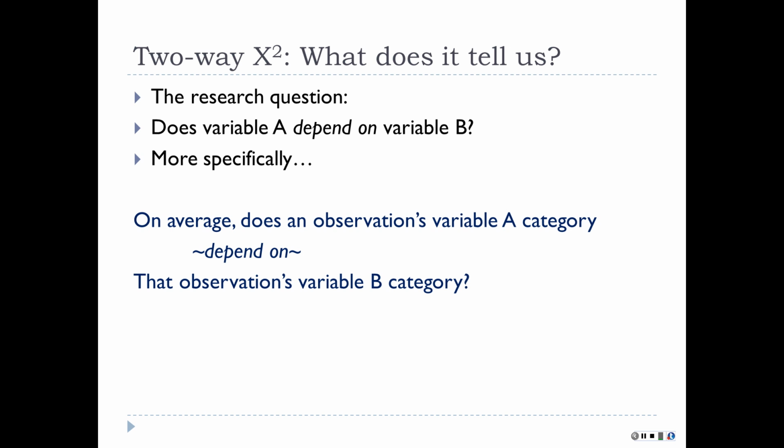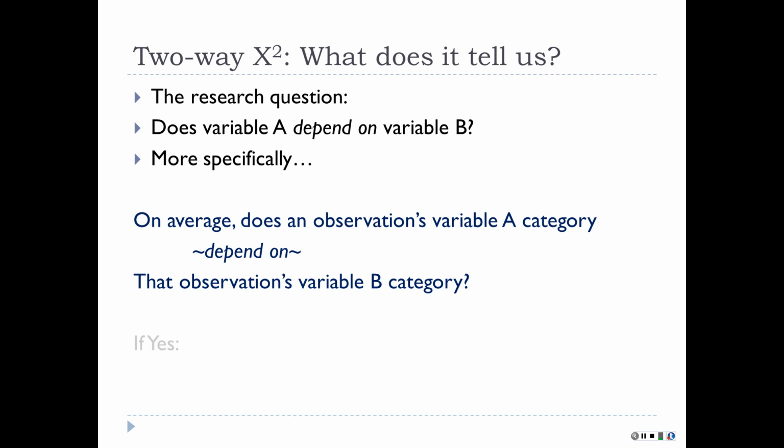If you were to try and guess which category an observation falls into on variable B, does knowing their category on variable A help you predict that? These are all equivalent. Non-parallel lines, probability of the category on variable A influencing the probability of category on variable B, knowing something about variable A category helping you predict variable B category, variable A depends on variable B. These are all the same thing. These are ways of talking about association.